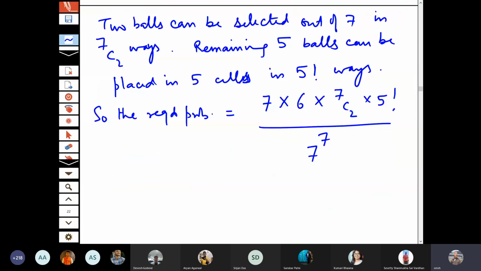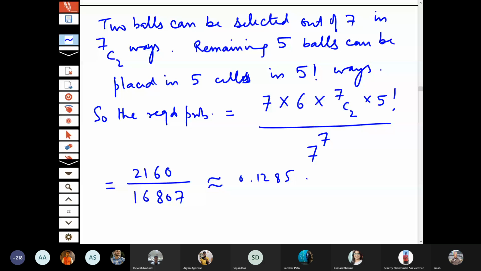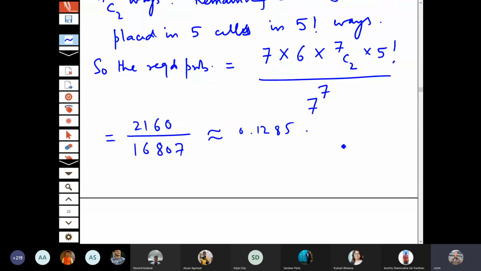If you simplify, this turns out to be 2160 divided by 16807, which is approximately 0.1285. So this is an application of the classical definition, and we are able to get the answer.